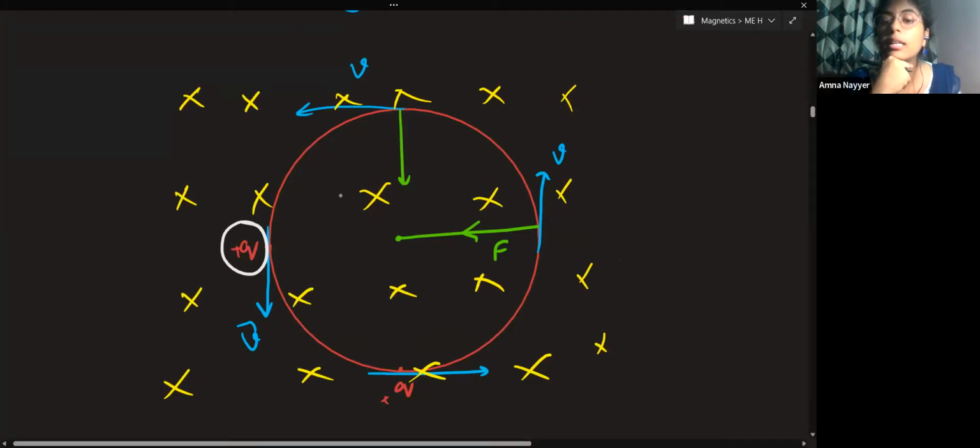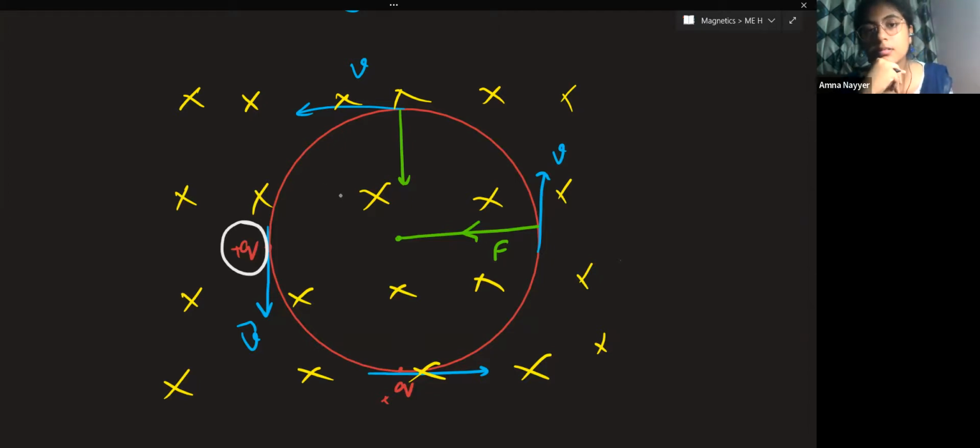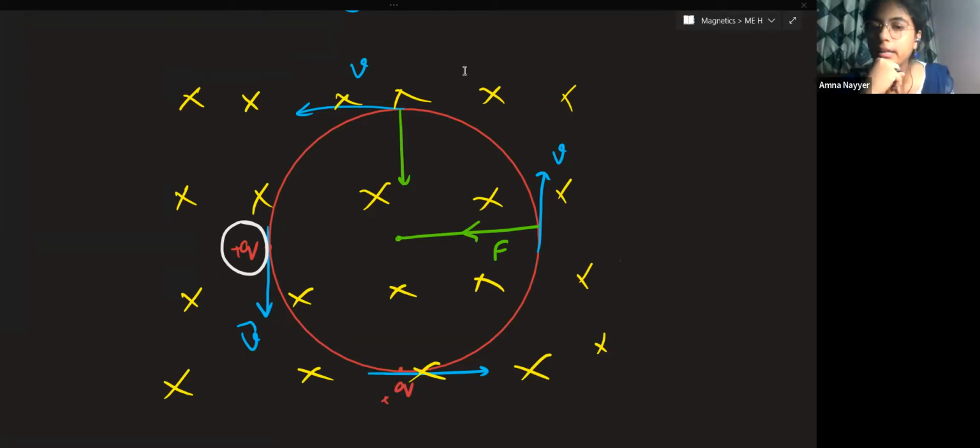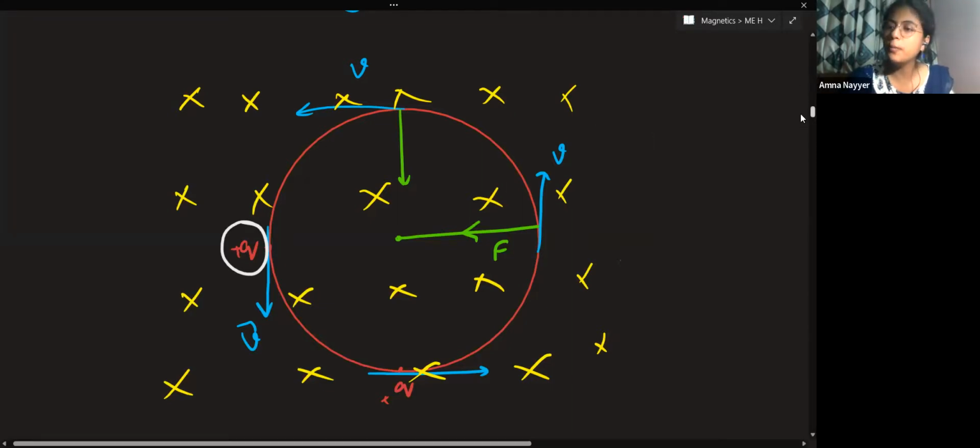How do you calculate the distance covered in a circular path? With the circumference, and it is 2 pi r. Yes, Samya, it's 2 pi r. Distance is 2 pi r.